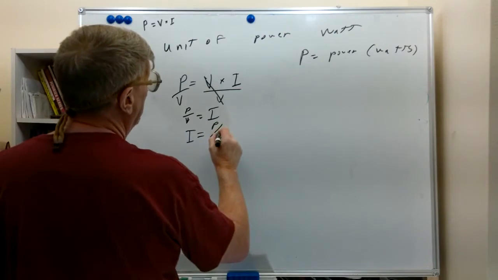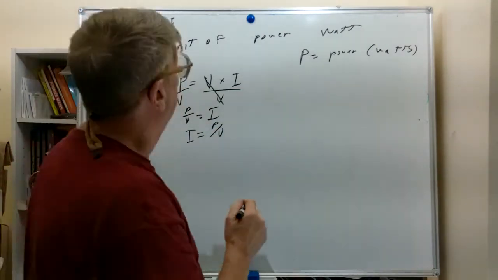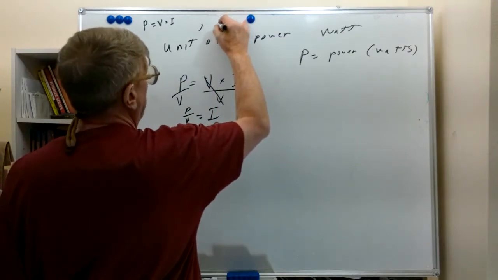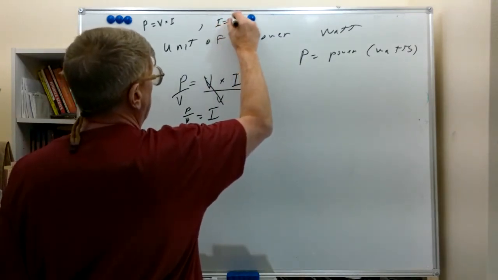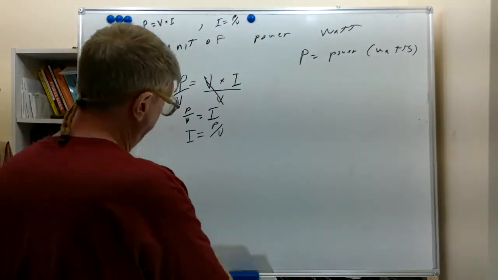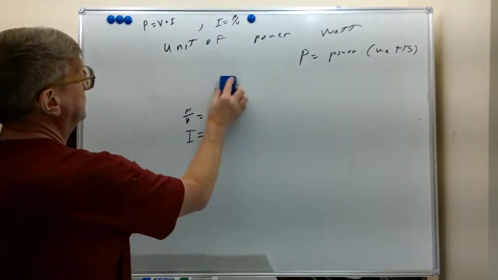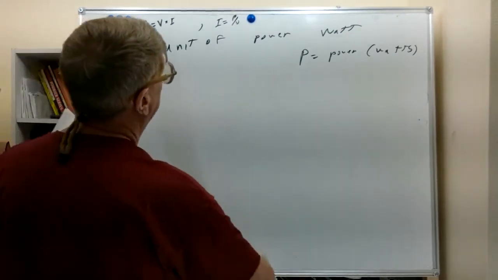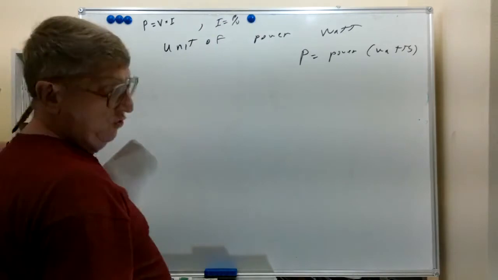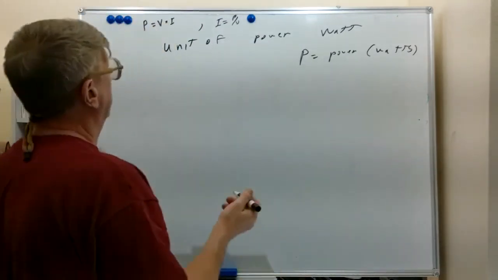Power over voltage. So we have our second form of the power formula. We have the current equals power over voltage. And this is amperage, watts, and volts, just like we've been saying all along.